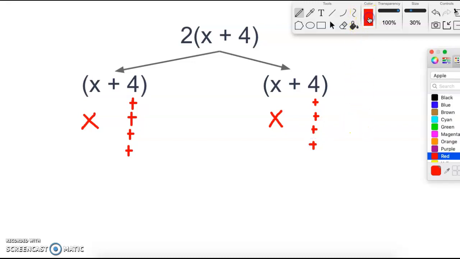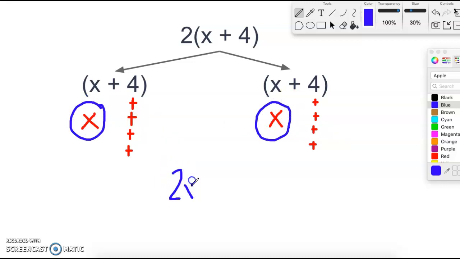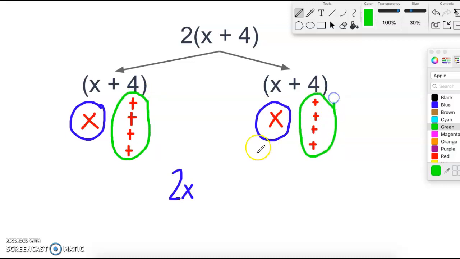And now, just like last week, I want to combine my like terms. So the first thing that I'm going to pick is my variable. So I have 1x, 2 x's, so 2x, and then I have 4 positives, and another 4, so that makes 8, and they're all positive, so I'm going to write that as plus 8.